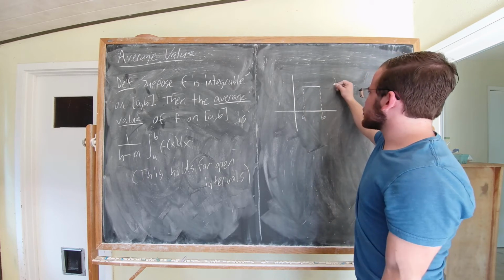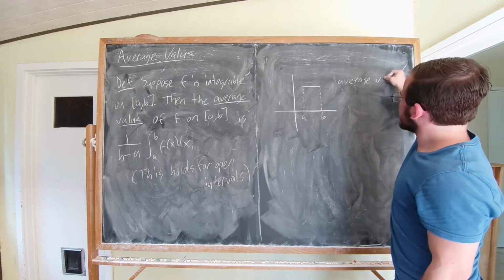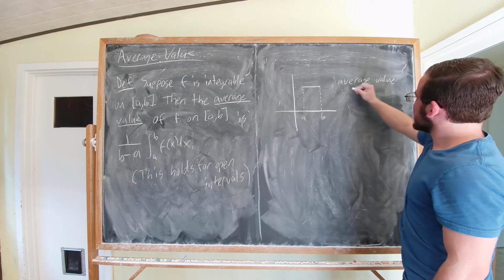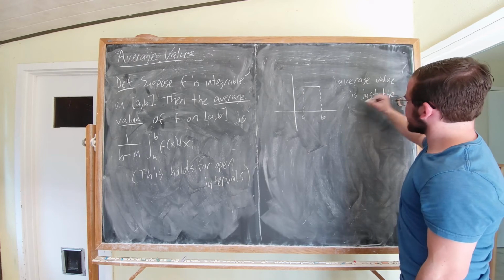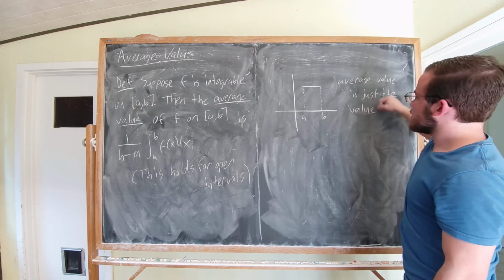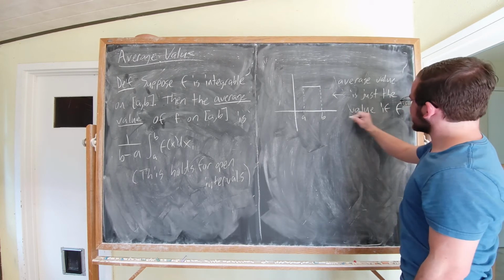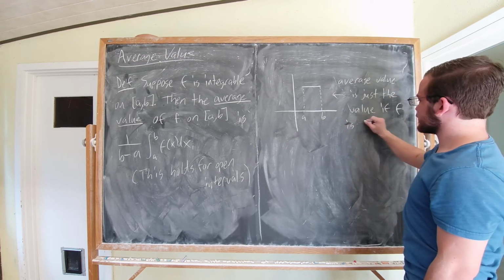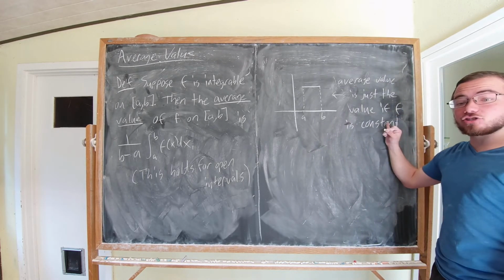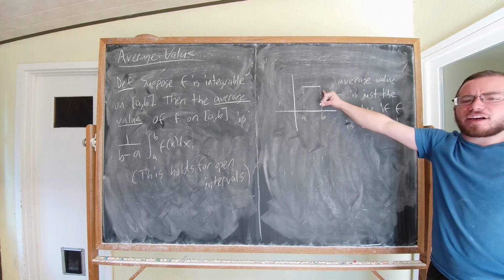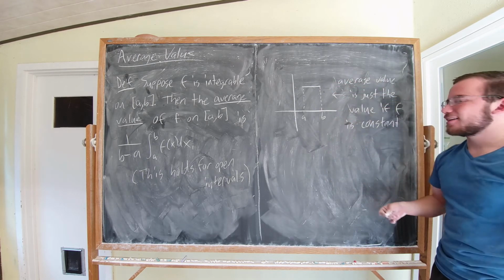Well, then the average value is just the value of the function. So if we have a constant function, the average value is just the value, right? Makes sense.